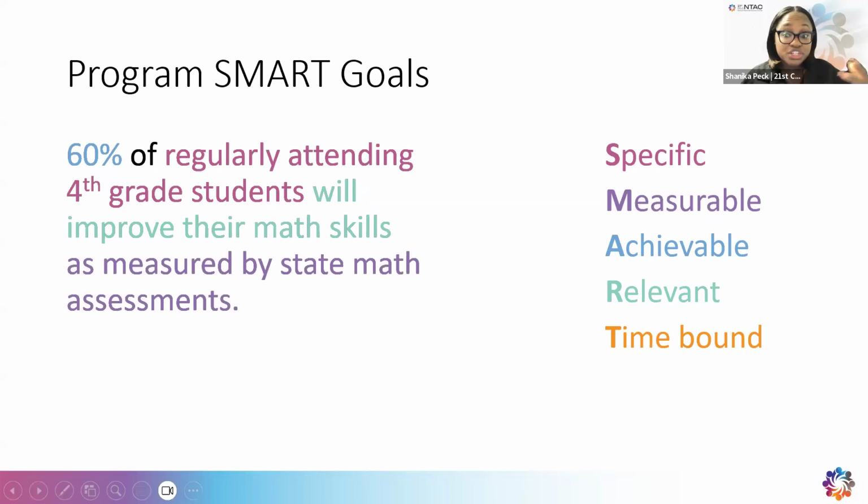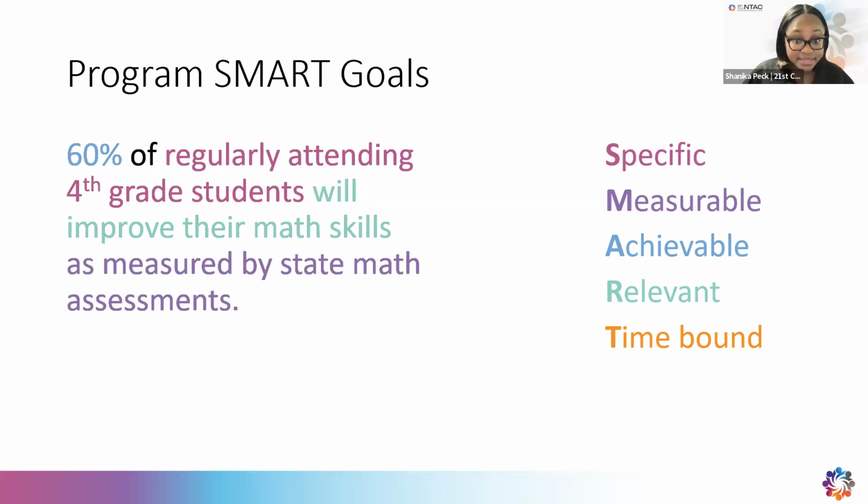We know it's achievable because we have a number here that we said that we will be able to achieve. Now, for some of your programming, you may think about, well, how can I make sure this is achievable? So that's one thing that I probably would add on to this, right? How do I know it's achievable, or when will I know it has been achieved, right? Is it relevant? Depending on the data, we may realize that a lot of our fourth grade students are struggling with math. And so that's why we are targeting those math skills, right? Is it time bound, right?